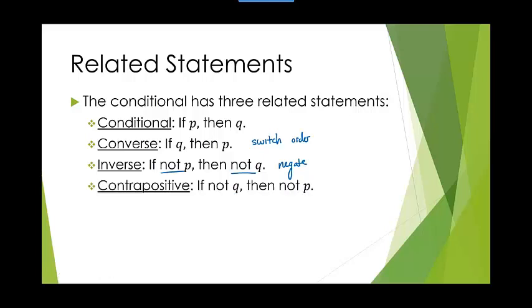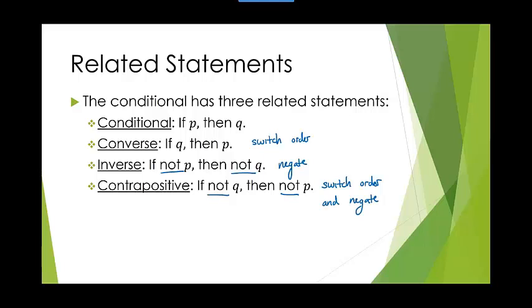Then combining the upper two, we have the contrapositive, which is if not Q, then not P. We do both things: we switch the order because Q is first, and we also negate by putting nots in front of everything.